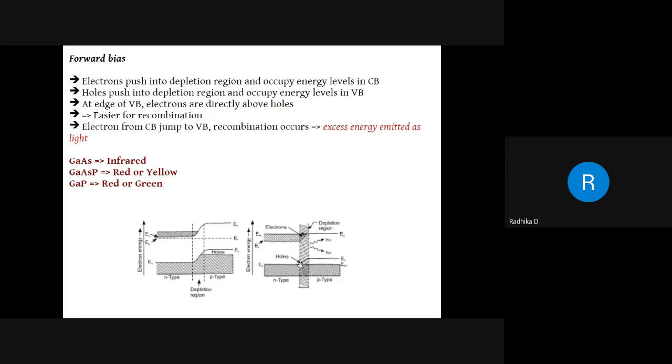Now when this junction is formed in an LED, what is so special about an LED? It is a PN junction diode which is working in forward bias. That means I apply a voltage, right?